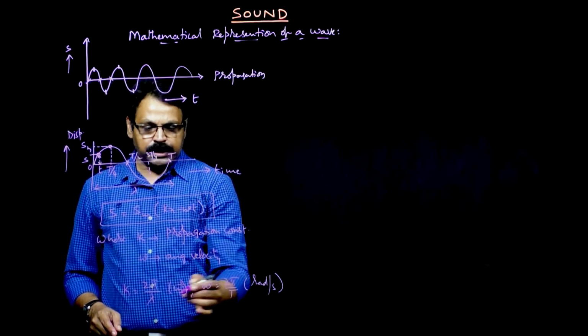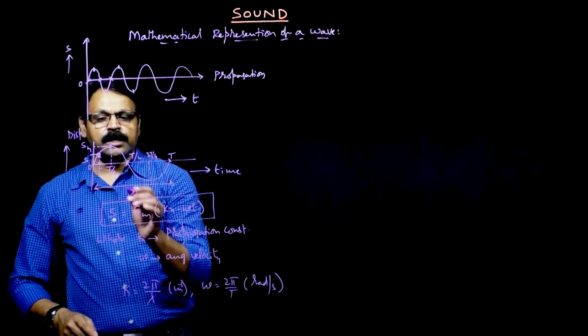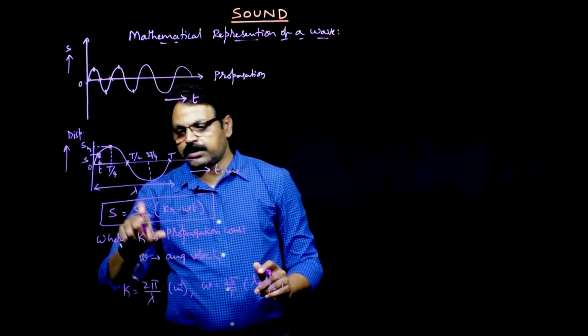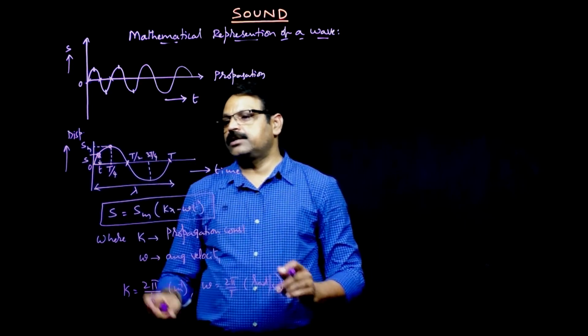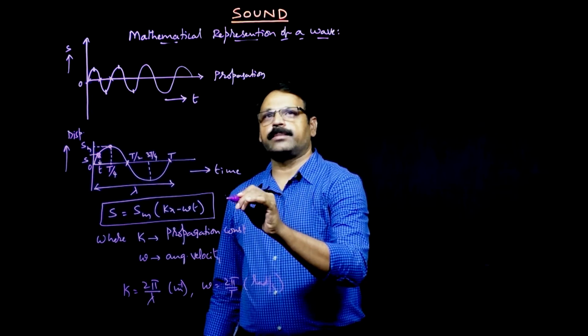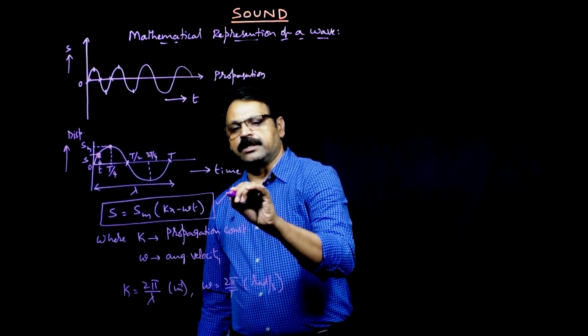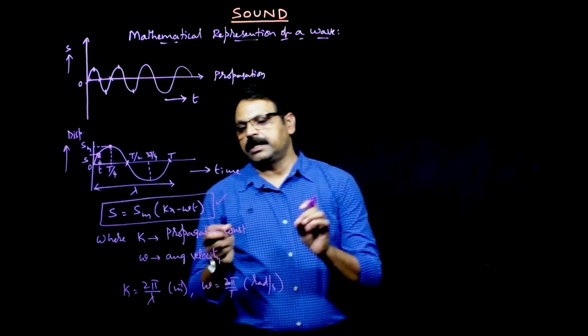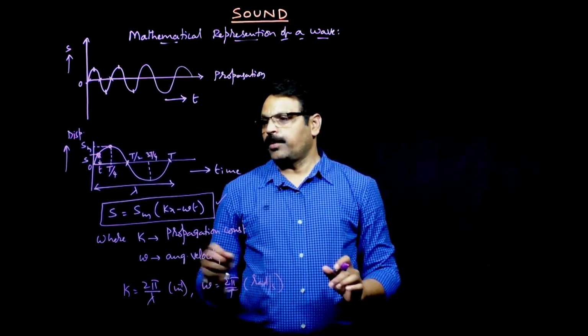If you know the periodic time and the wavelength, you can easily locate the particle after time small t. That is what is called the displacement of a particle during wave motion. So this is the mathematical representation, by means of which you can easily find at what position the particle is during its propagation.